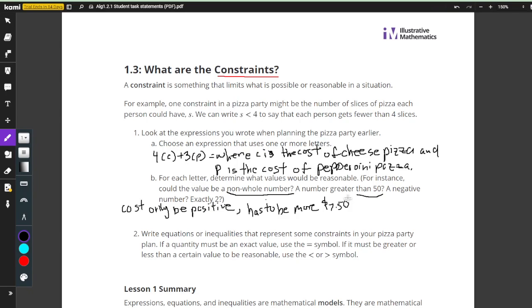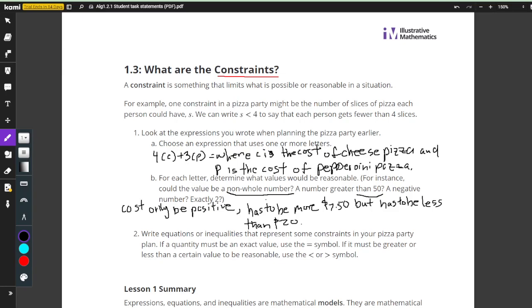So a large pizza has to be more than $7.50, but you want to make sure that it's not so expensive that people won't pay for it. So it has to be less than $20. Okay. So that way we have our constraints. It has to be a positive number, and it has to be more than $7.50 but less than $20.